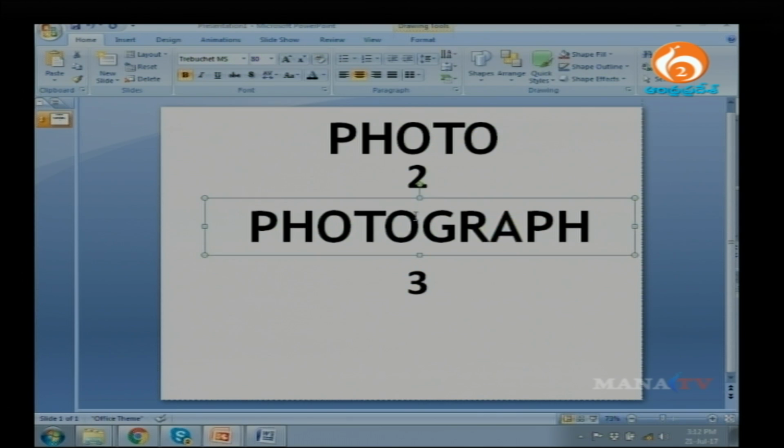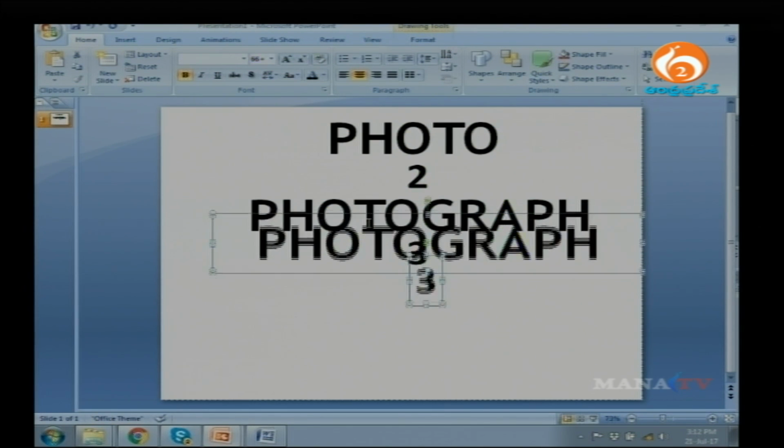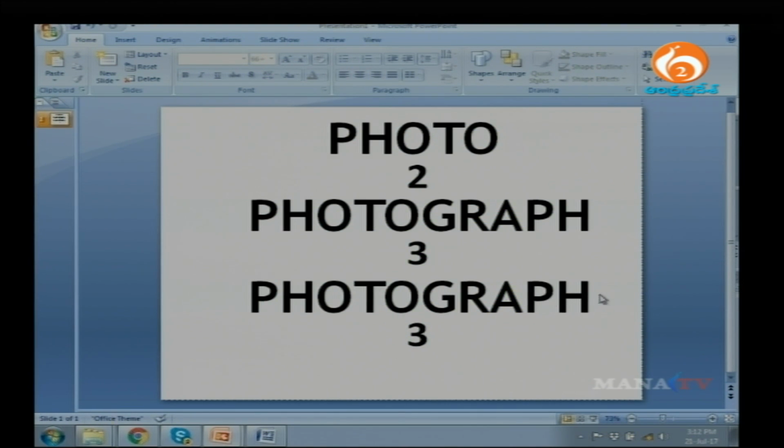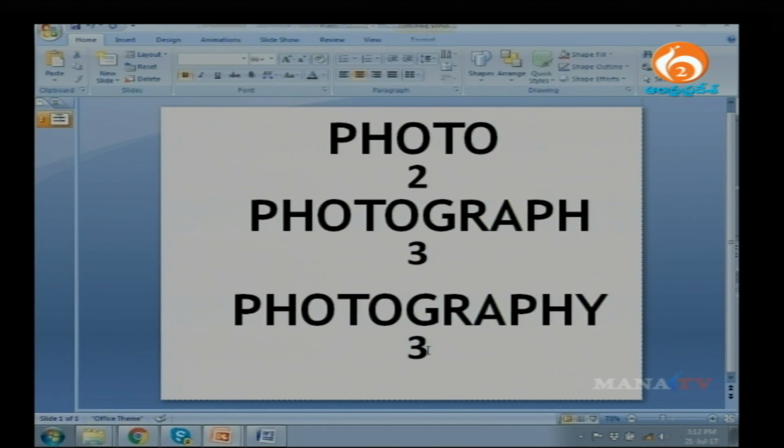Let me show you an example. Instead of photograph, I am saying photography. Now, even if I make it photography, the number of vowels still remains the same.